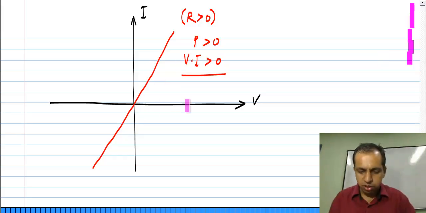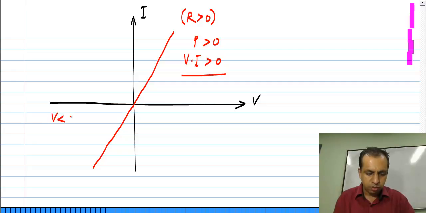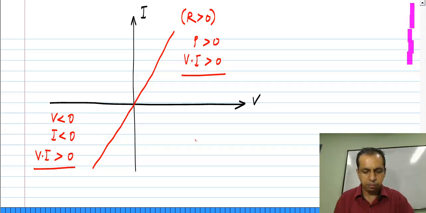Now, in the first quadrant, both the voltage and the current are positive. So, the power is more than 0, clearly the element is absorbing power, and in the third quadrant, the voltage is negative, the current is also negative, but V times I would be obviously positive. So, that means that again the element is absorbing power. Okay. So, a resistor is in the first and third quadrants. So, it always absorbs power.